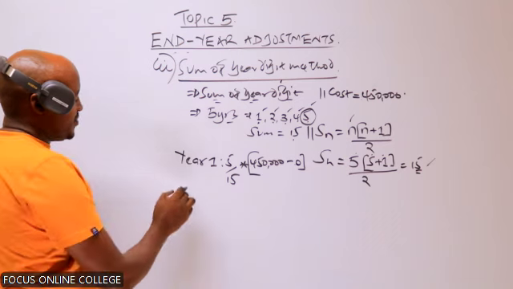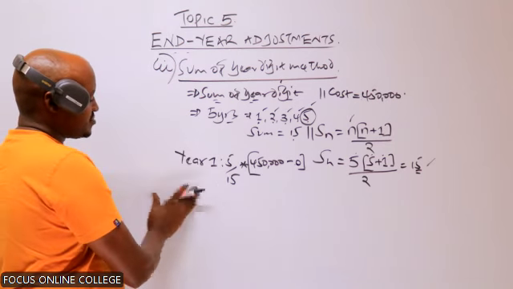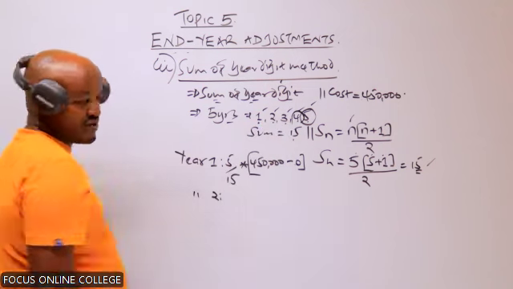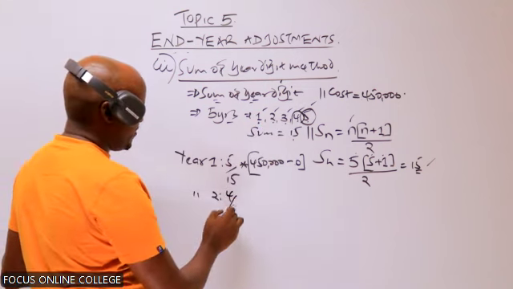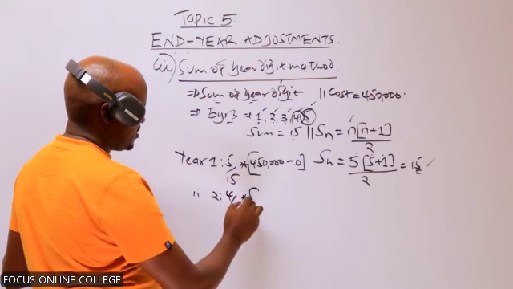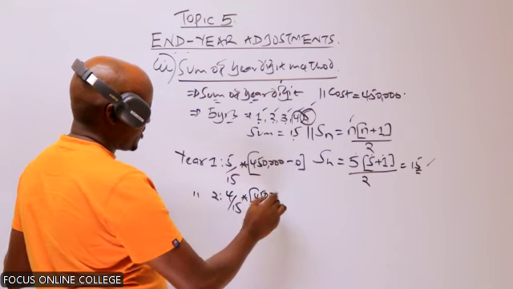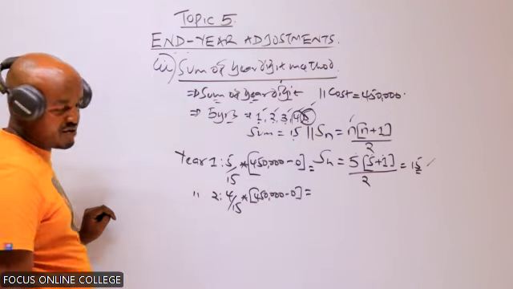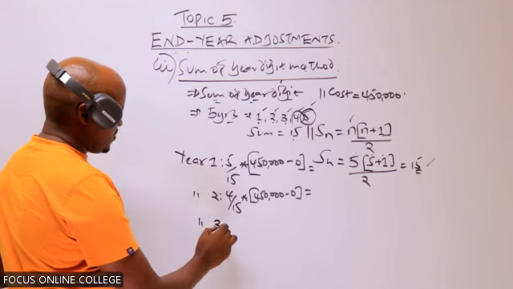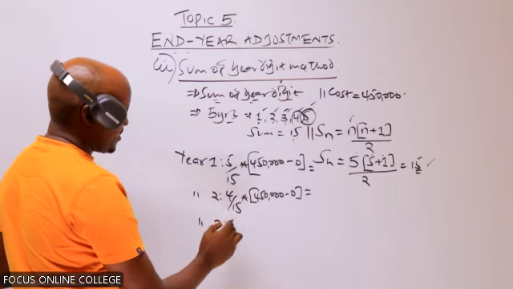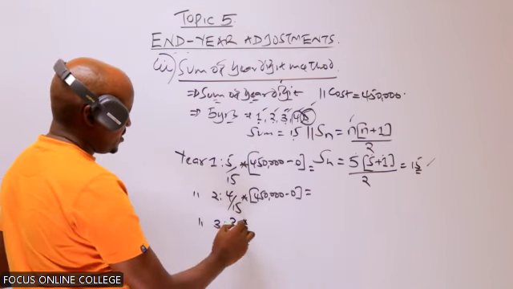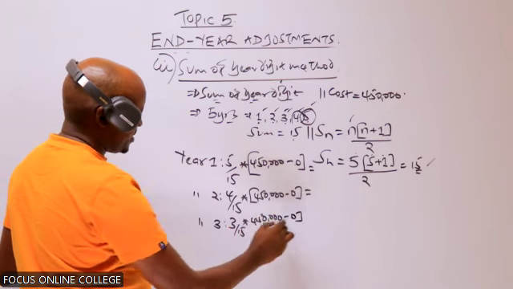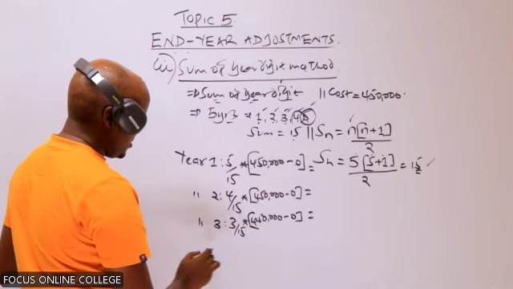So how do we compute depreciation for year 2? We take the second digit from last, which is 4, divided by 15 times 450,000 minus 0, which is the scrap value. Then depreciation for year 3, we take the third digit from last, which is 3 over 15 times 450,000 minus the scrap value.